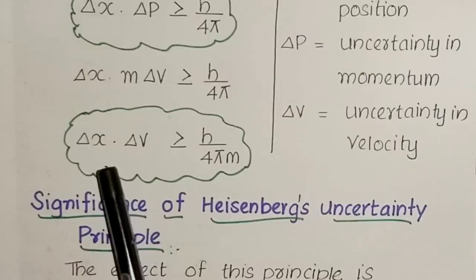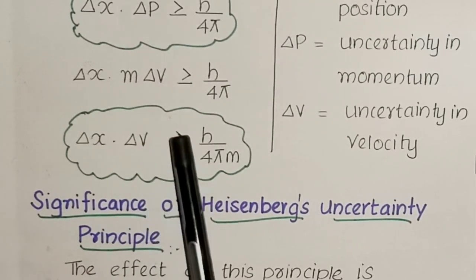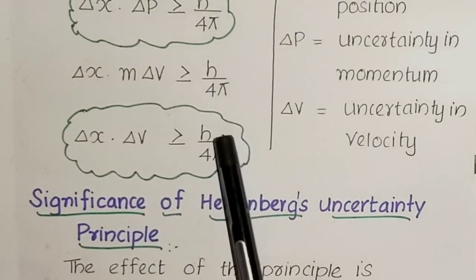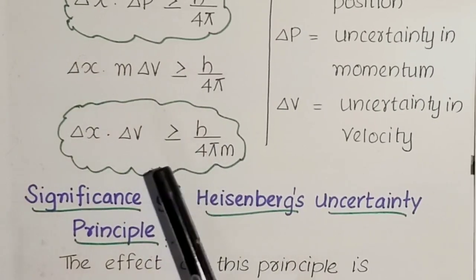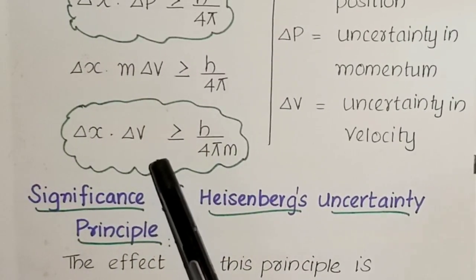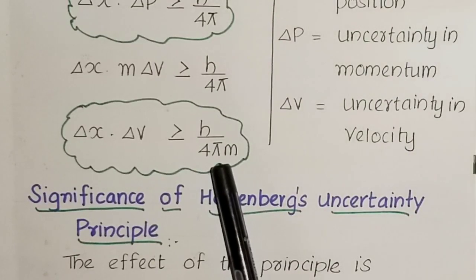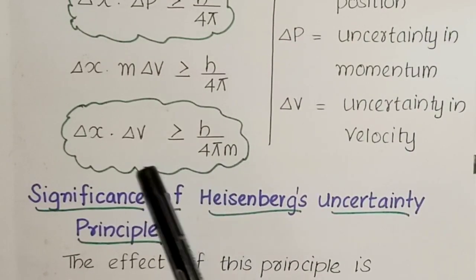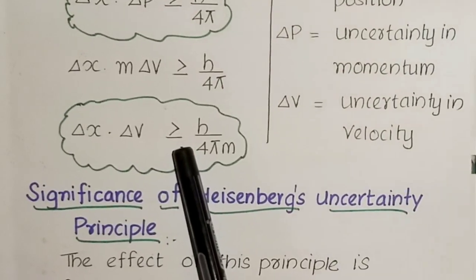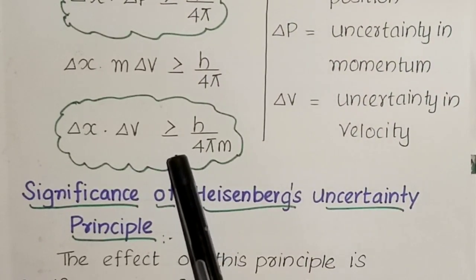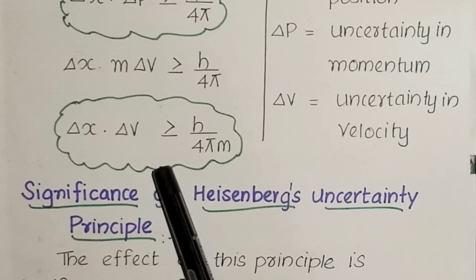We can write delta x into delta v is greater than or equal to h by 4 pi m. This is the mathematical expression for Heisenberg's uncertainty principle. It is impossible to determine the exact position and exact momentum of an electron.